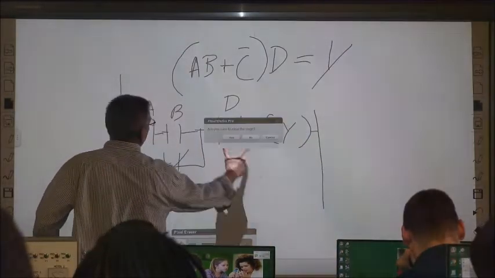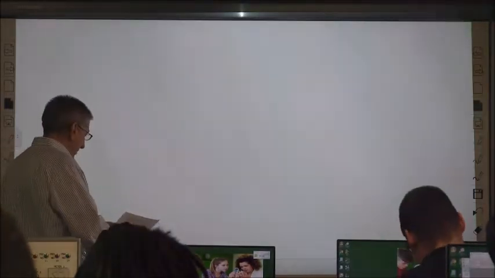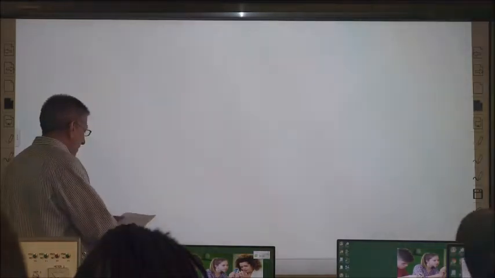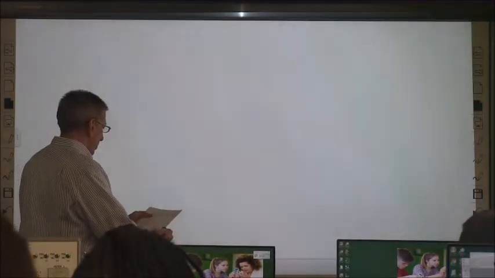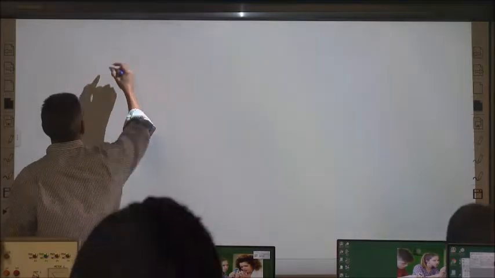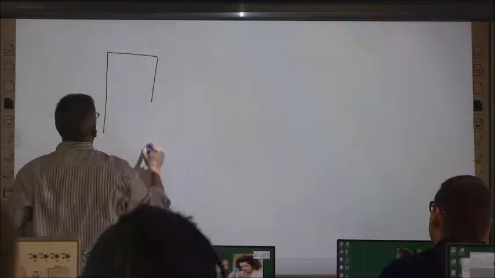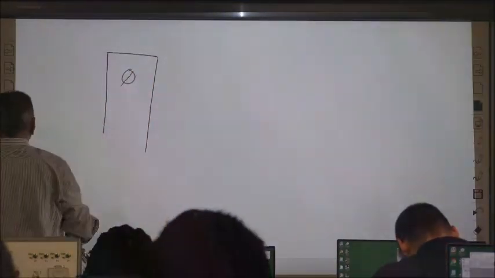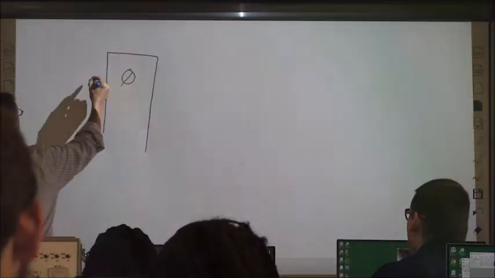Let's go through it. A fair amount of people got this wrong. It says a normally closed flow switch is connected to a 24-volt DC sinking input module. Draw it out, guys.